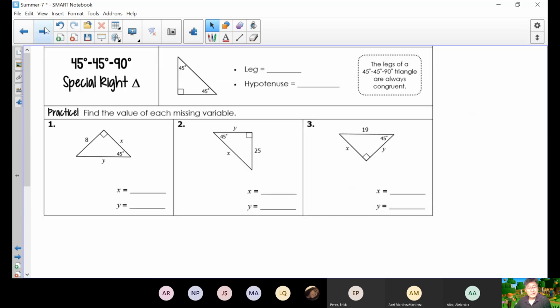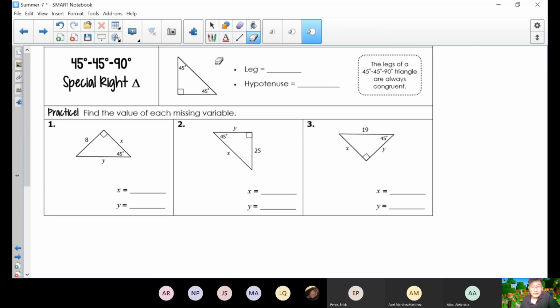Move on. Next one. Okay. We're going to do the special angle. There are two special angles. One is 45, 45, 90. So 45, 45, 90 has a rule like this: 1, 1, root 2.